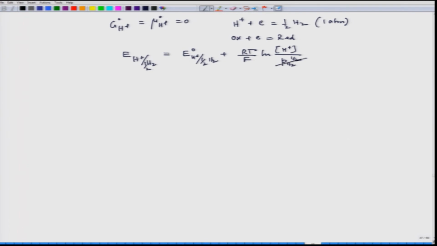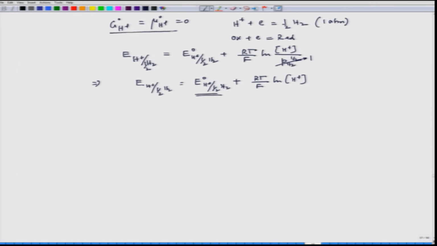Since we have considered this to be 1 atmosphere, we have to find out this quantity.